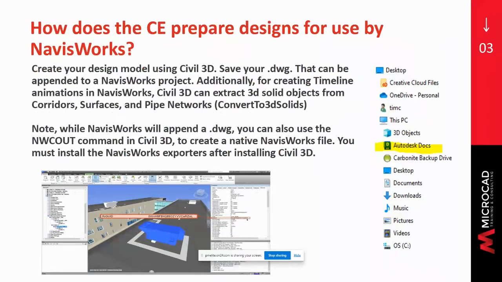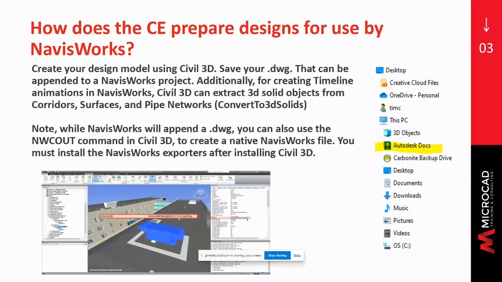To be able to do that and break up your corridors into smaller sections that match how much the contractor can build in a day or a week or whatever time segment they want to use, then what you want to do is extract 3D solid objects from corridors, surfaces, and pipe networks.